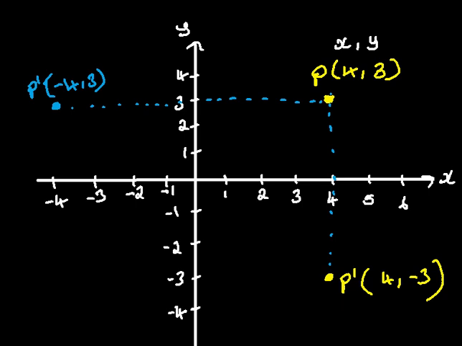And how about the reflection of a point with respect to the origin? If that is the case, this is how it has to be. That is the origin, where the image will be in the third quadrant, where this is negative and this is also negative. We'll have negative 4 comma negative 3.